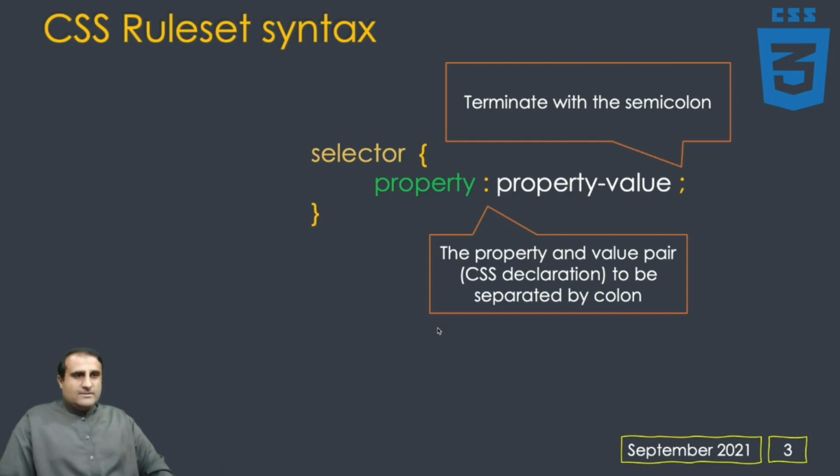The property and its value should be separated with a colon. The whole thing, the property and the property value, is called the CSS declaration, and each CSS declaration should be terminated with a semicolon. So the simple rule is actually the list of these CSS declarations, or more specifically the property and property values.